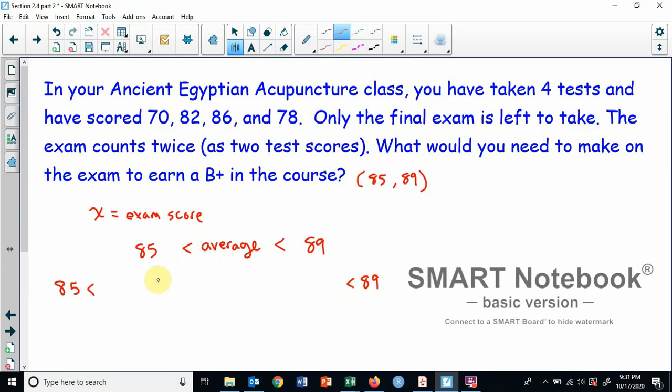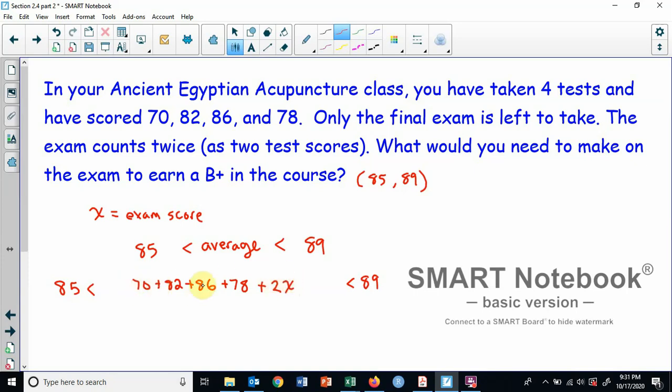Well, think about an average. An average says you add them all up and then divide by how many you have. So let's do that. Our test scores are 70 plus 82 plus 86 plus 78, and then we have the exam, so plus the exam, but the exam counts as 2 test scores, so let's call it 2 times x, because it's like 2 tests.